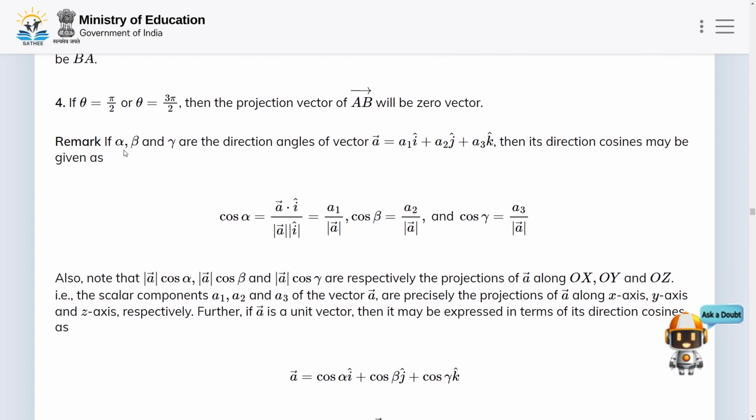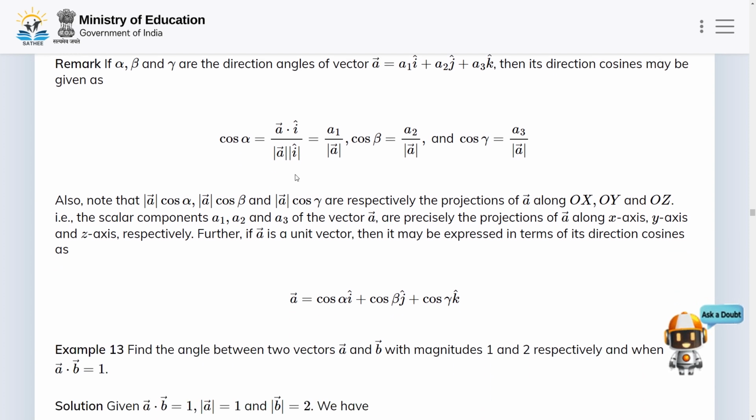Clear? Okay. If alpha, beta, gamma are the direction angles of vector A, what does this mean? It means that your direction cosines will be cos alpha equals A1 divided by magnitude of A, cos beta is A2 divided by magnitude of A, and cos gamma is A3 divided by magnitude of A. We have already defined it.